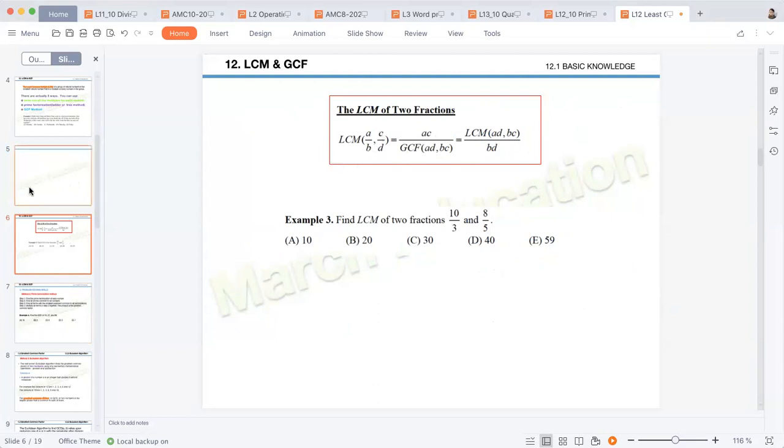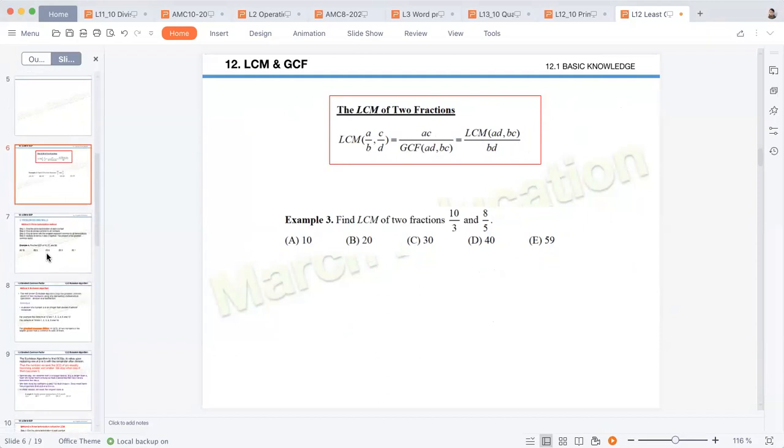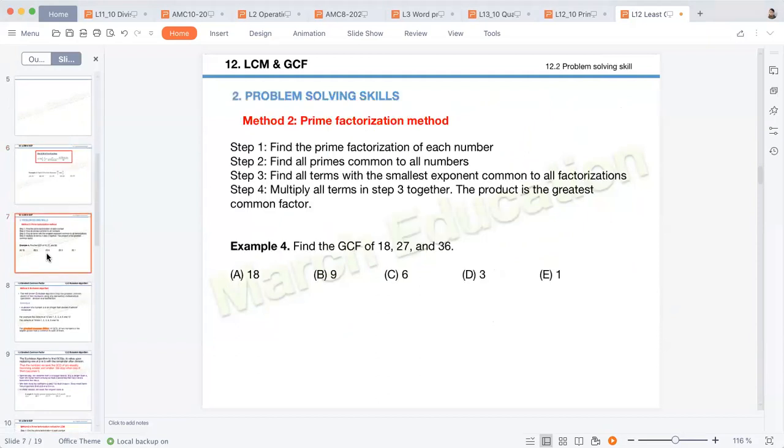Okay. Now, next question. If I need to find the GCF of 3 numbers, how could I do?